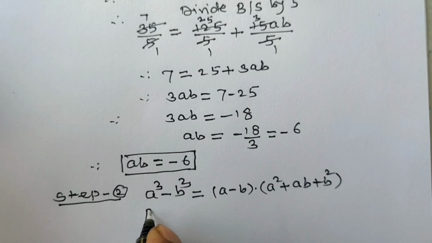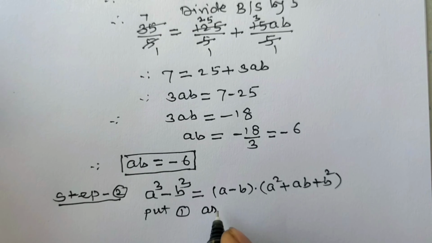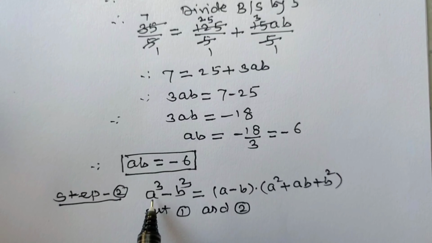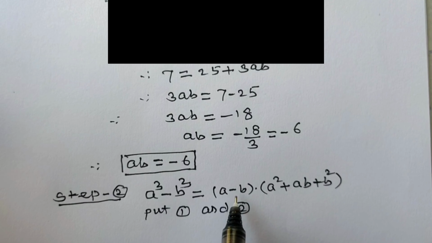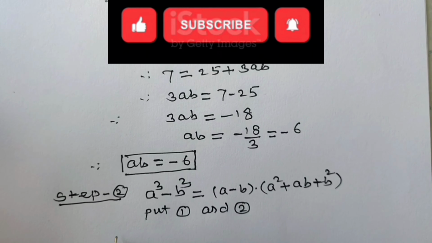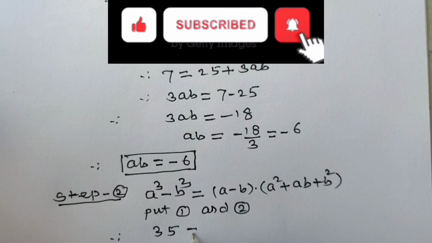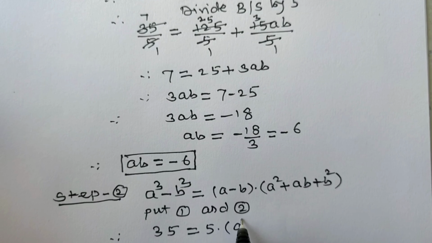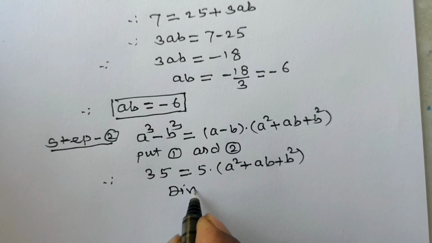Put 1 and 2 in this equation. Equation 1 is a cube minus b cube is 35 and equation 2 is a minus b is equal to 5. Hence, 35 is equal to 5 into (a square plus ab plus b square).